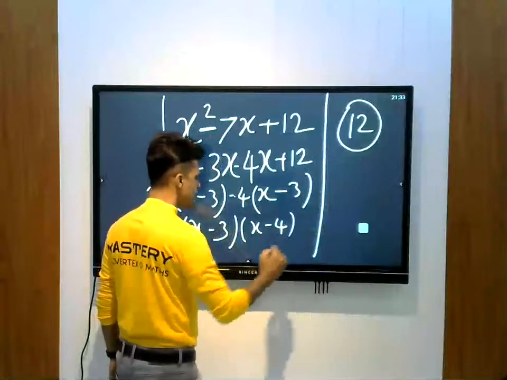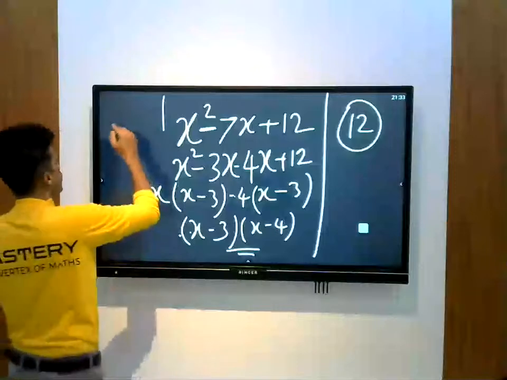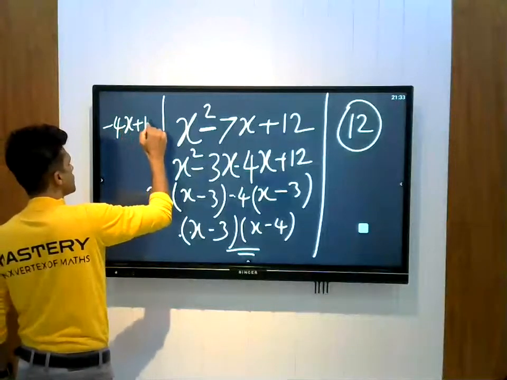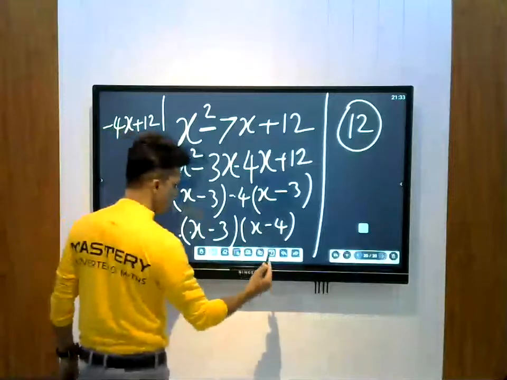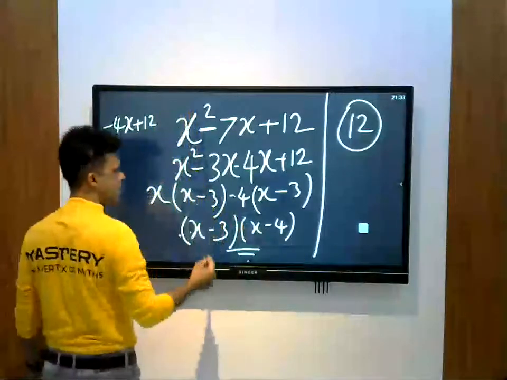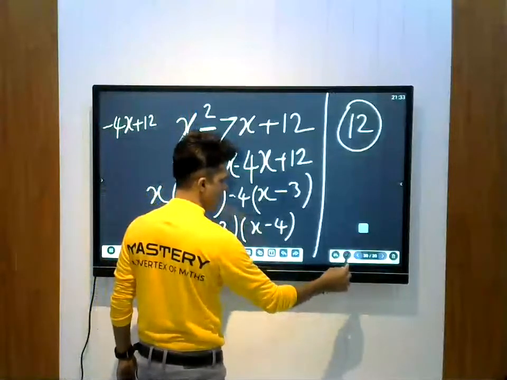I will explain this to you more. Minus 4x plus 12. How can you factorize this one?